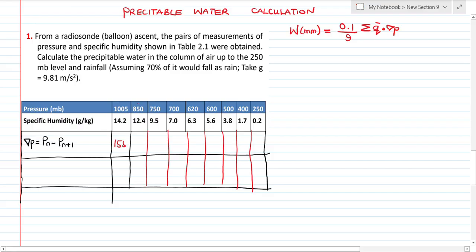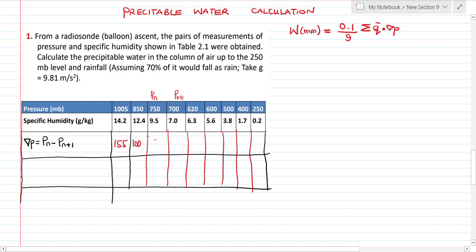So 155. Then when I come here, this is my Pn, and this will be my Pn plus 1. So I do the subtraction: 850 minus 750, and that's 100. I write it here. When I come here, this becomes my Pn and this becomes my Pn plus 1, right?